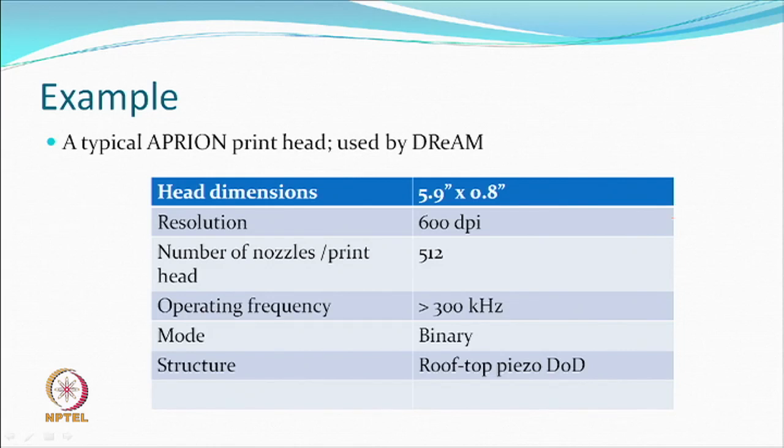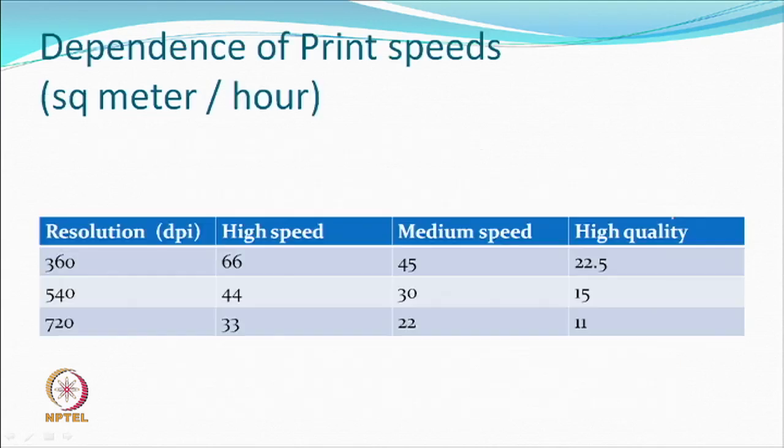Mode is binary, that means either it is there or not there, and it is a rooftop piezo drop on demand type of system. So, the possibilities are here. So, high frequency, number of nozzles are very high, can produce 600 dpi and has drop on demand rooftop piezo.